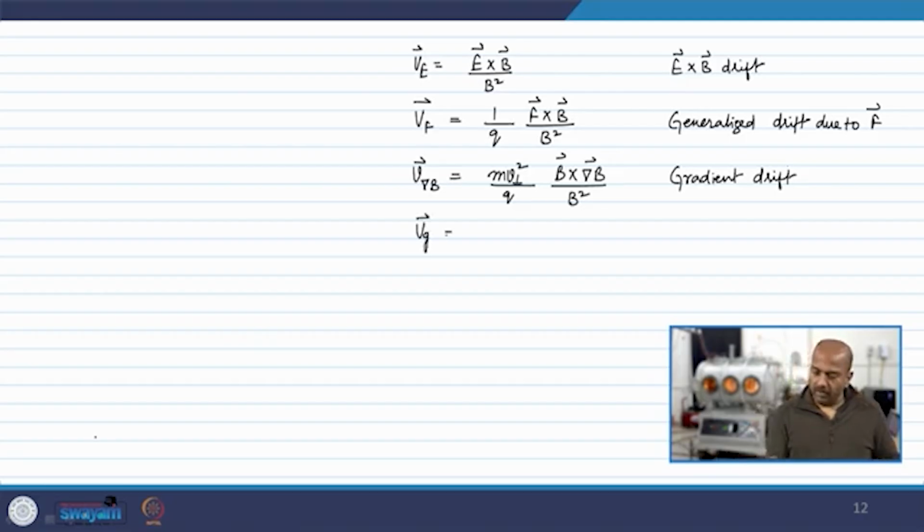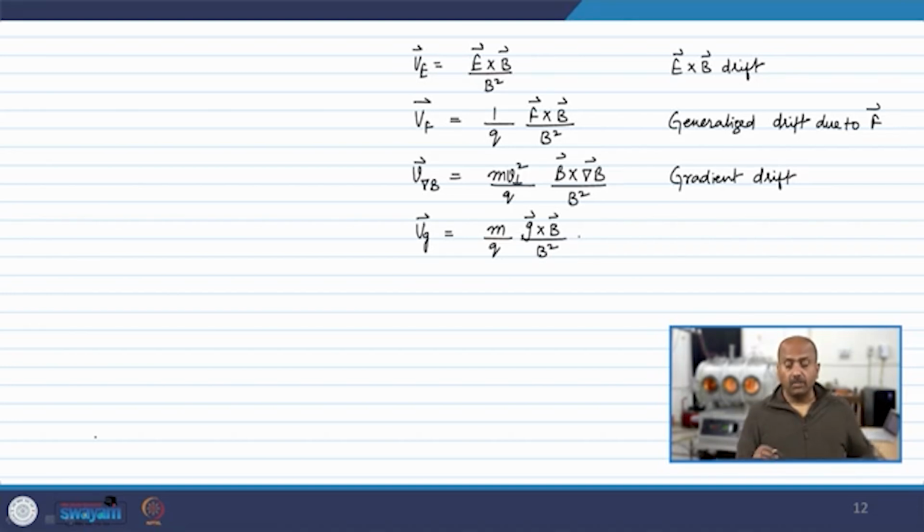Drift due to gravity is m by q G cross B by B square. This is where you see gravity and the magnetic field of earth together. This is called as the gravity drift.